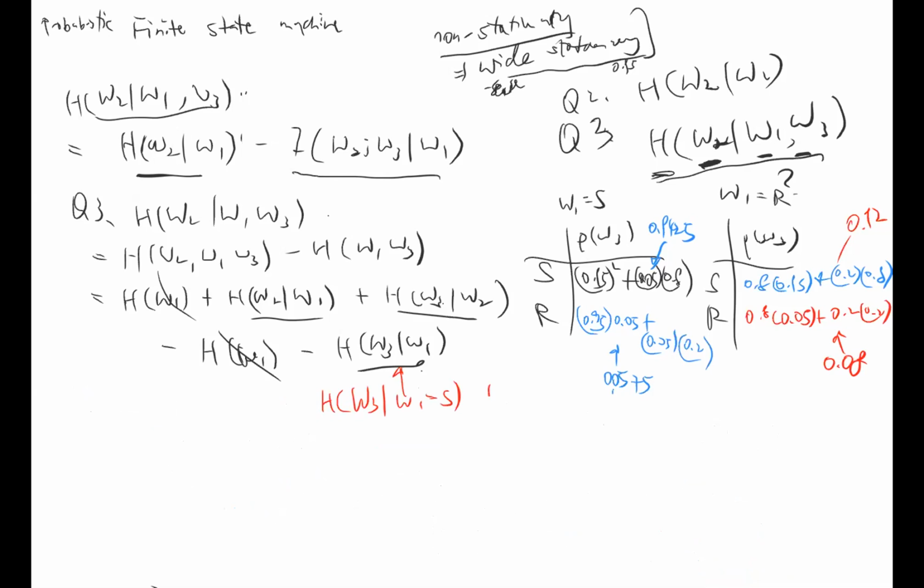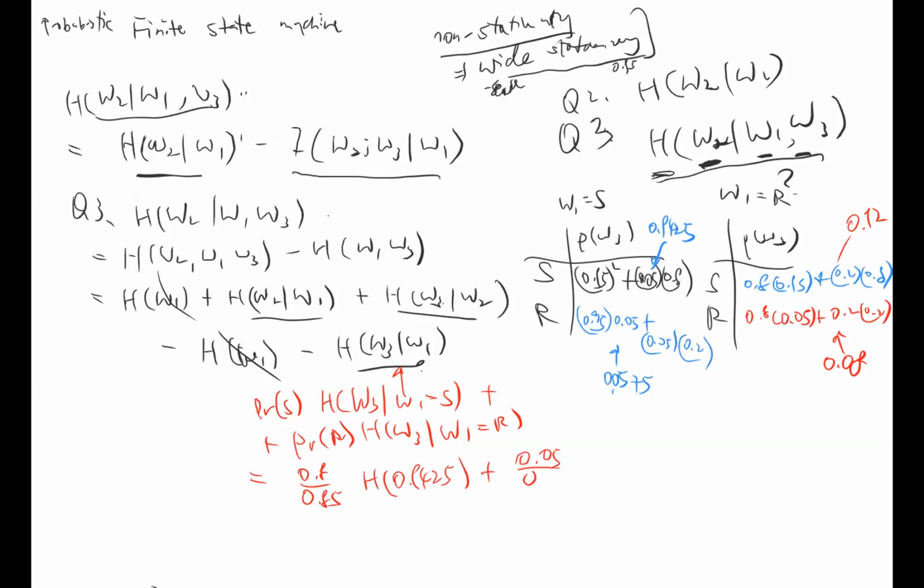And this plus, so this is the probability of S and probability of R, plus H of W3 given W1 equal to R. So that will be equal to 0.8 over 0.85 times H of 0.9425, right? Plus 0.05 over 0.85 times H of 0.92.